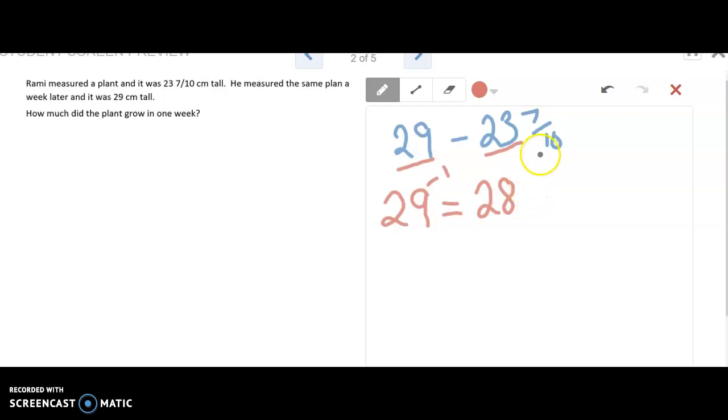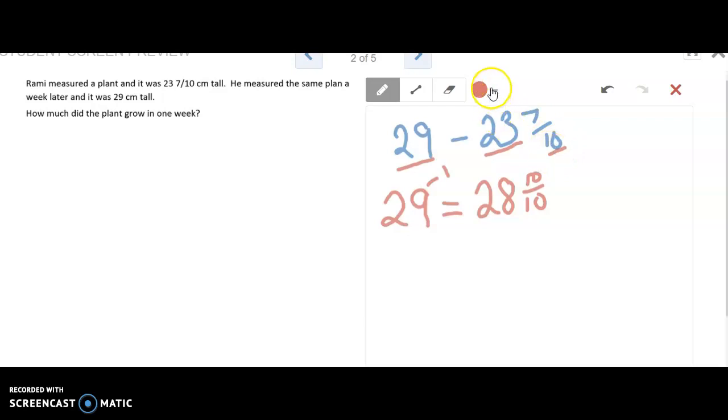And I'm going to look ahead at my fraction up here and see that it has 10 as a denominator. And I know that whenever I go to do my work with my fractions, my denominators need to be the same. So I'm going to make my 28 and my fancy form of 1 for 29, 10 over 10. Okay? So now my 29 has that fraction part that I can subtract.